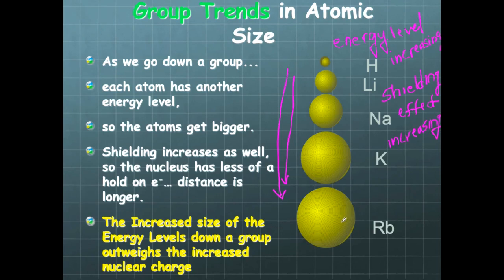That means the hold of the nucleus on its valence electrons is decreasing, and this is allowing the size to increase. So the increased size of the energy level down the group outweighs the increase in the nuclear charge. So the trend is that as we move down the group, the size of an atom increases.